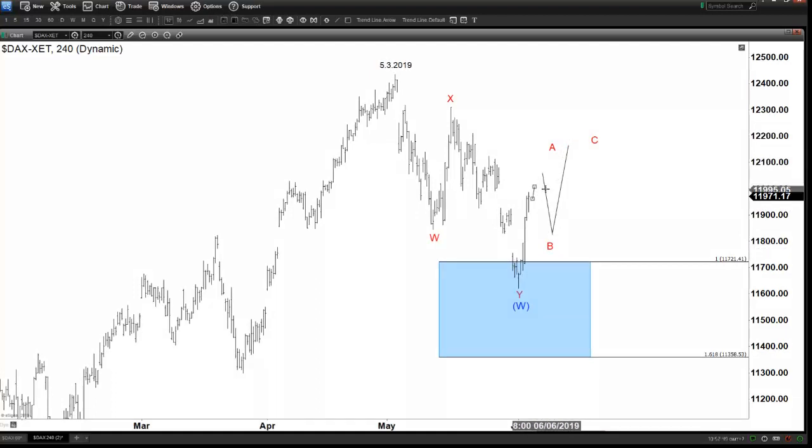So 5 waves up ending very soon, pull back, another leg higher to finish ABC, and only ending the W here. And then you still have a double zigzag with an X like this, followed by a Y to the upside, before ending the X and then turning lower again.